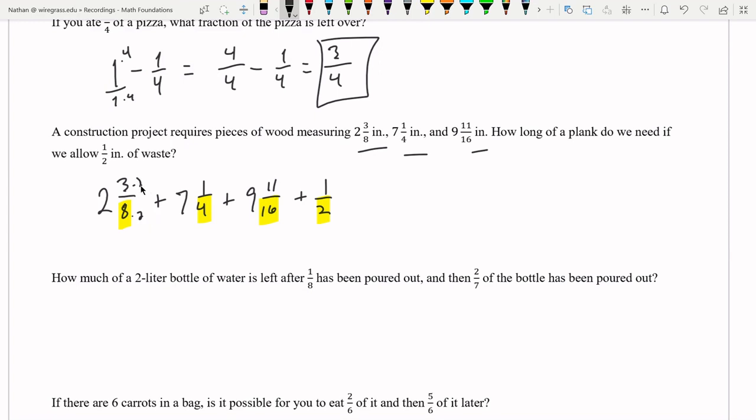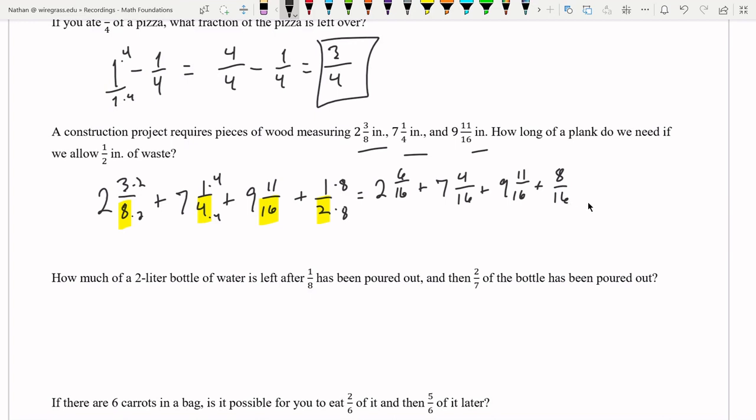Multiply by 2, multiply by 4, by 1, but there's no reason to multiply by 1, and then multiply by 8. That's going to give me 2 6/16 plus 7 4/16 plus 9 11/16, still staying the same, and then plus 8/16.